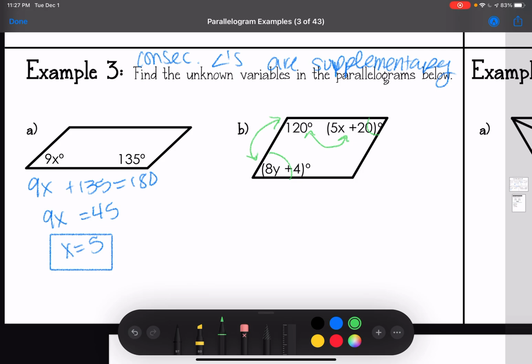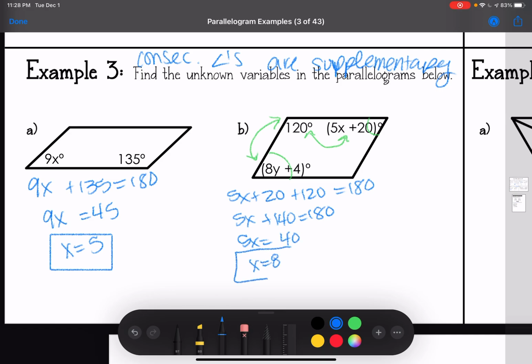They're consecutive angles, which means they're supplementary, right? So I'm going to do the first one. I'm going to do 5x plus 20 plus 120 is equal to 180. So I get 5x plus 140 is equal to 180. 5x is equal to 40, and x is equal to 8.